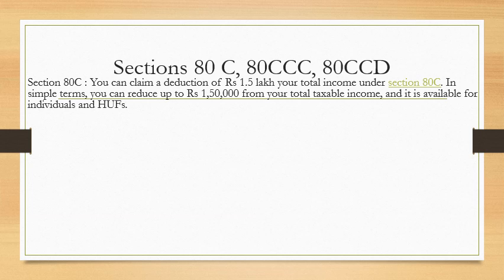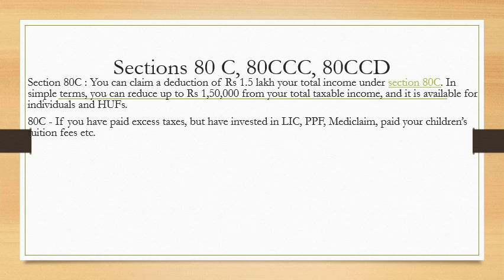All these things could have been covered under 80C. If we pay excess tax and have invested in these things, I could even file the income tax return and get the extra paid back to my account.